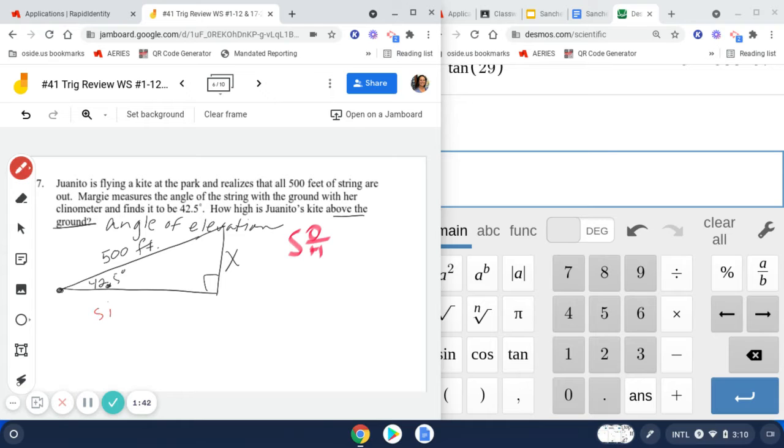So we're going to set this up. The sine of 42.5 is equal to the opposite over the hypotenuse, multiplying by that denominator. We're going to plug in 500 times the sine of 42.5.